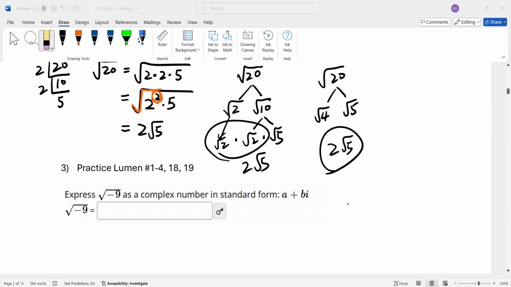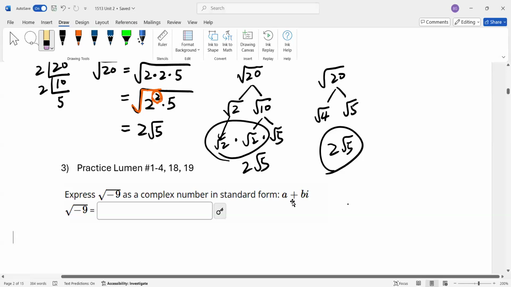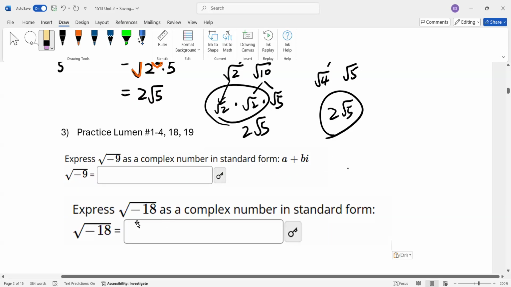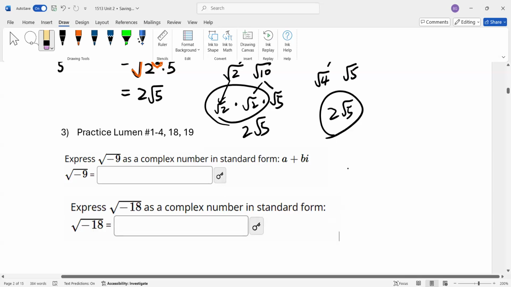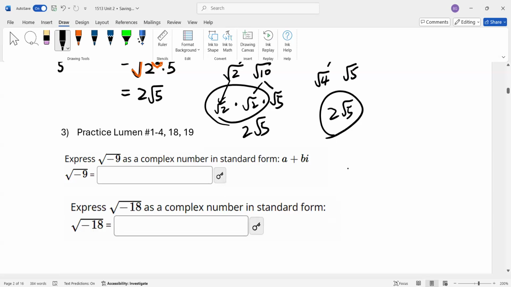And number 2. Root -18. And how do we do that? Root -18 right away is root 18 times i, right? Well, you have to simplify root 18.